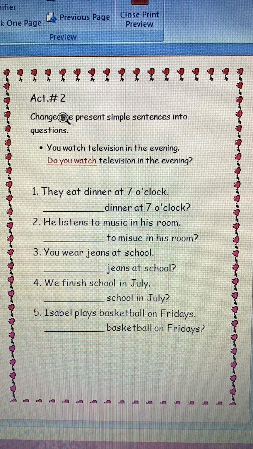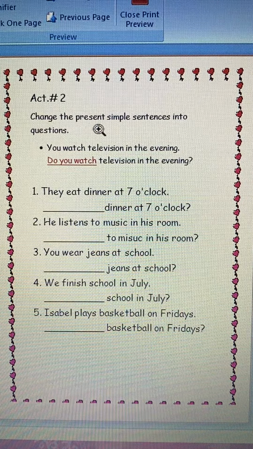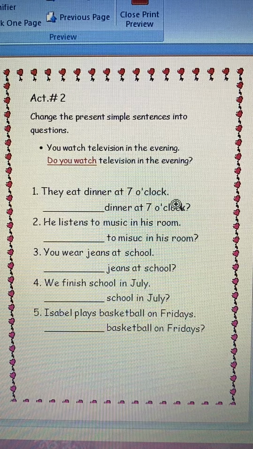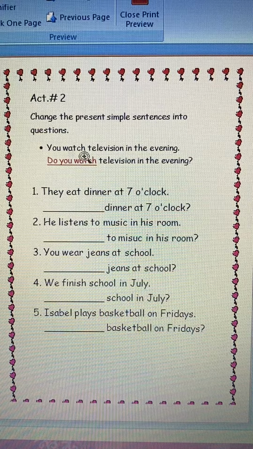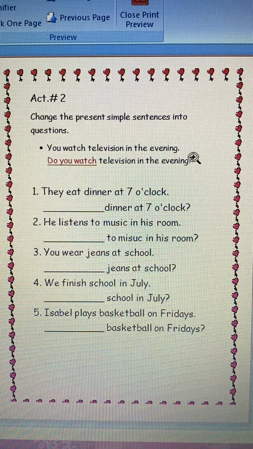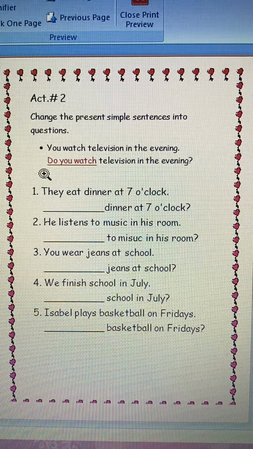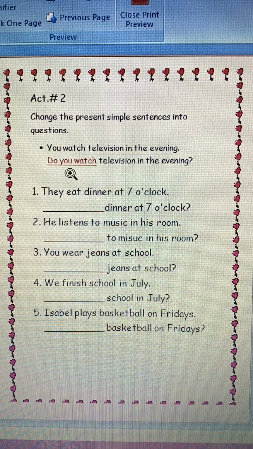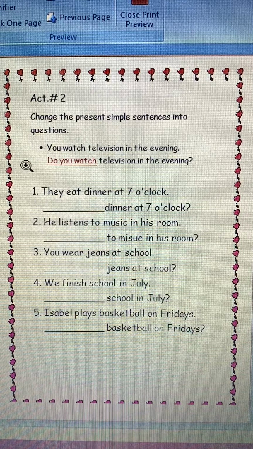Now, let's go to activity number 2. Change the present simple sentences into questions. Don't forget to write on the line. Okay, the first one is already done. You watch television in the evening. Okay? Do you watch television in the evening? That is the first one which is already done.